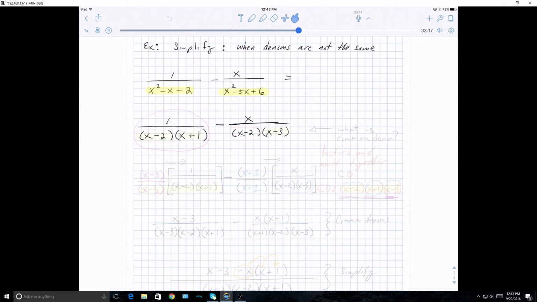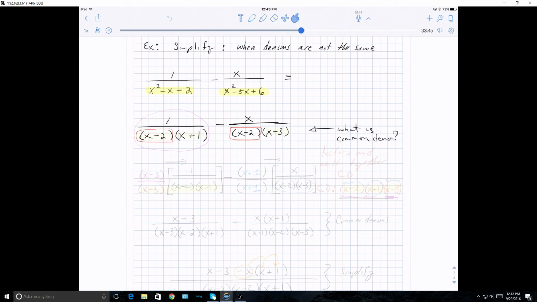So here we have the interesting component. What is the common denominator? Both of these have a factor of x minus 2, so that's nice to know.